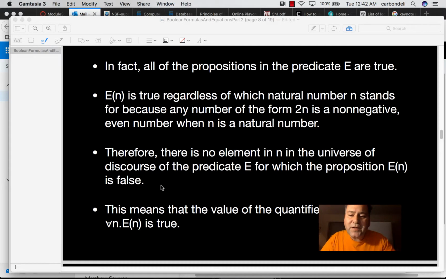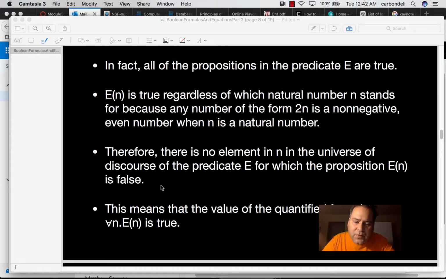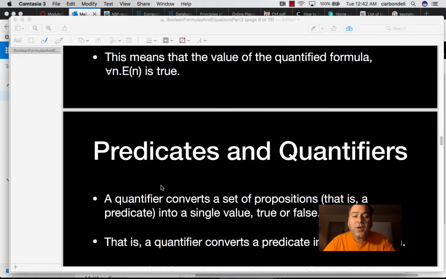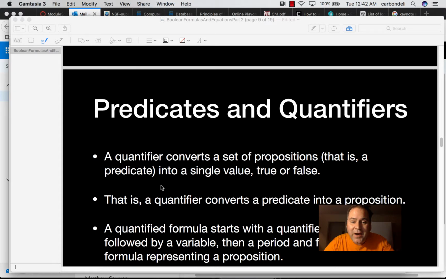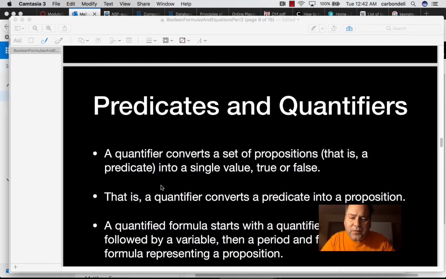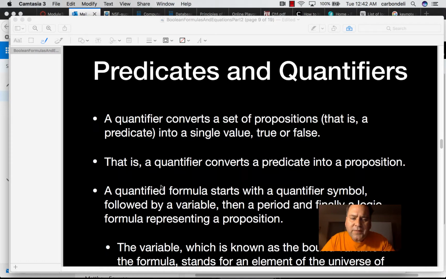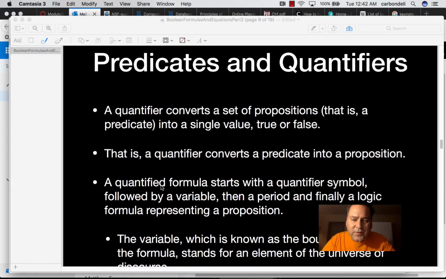This means that the value of the quantified formula for all n, E of n, is true. A quantifier converts a set of propositions, that is a predicate, into a single value, true or false. That is, a quantifier converts a predicate into a proposition.